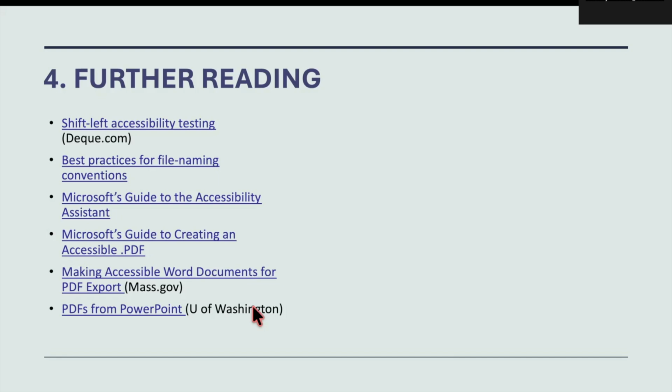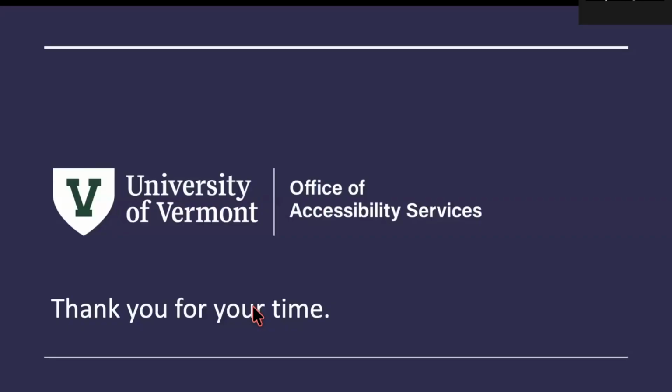And I think I'm probably going to just direct people to it as a job aid rather than trying to make one of my own. And then there's also an article on making accessible PDFs from PowerPoint put out by the University of Washington. Again, they've done a really good job. So I'm just going to direct you there for further questions about how to work with those two particular types of documents.